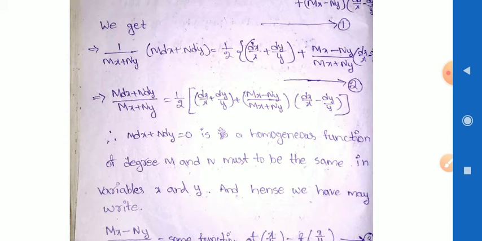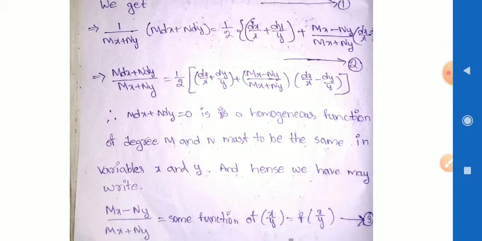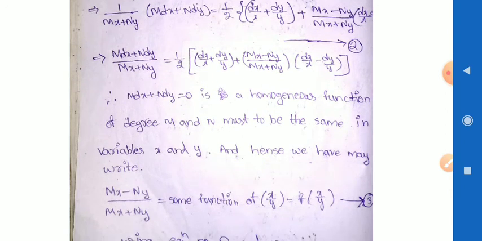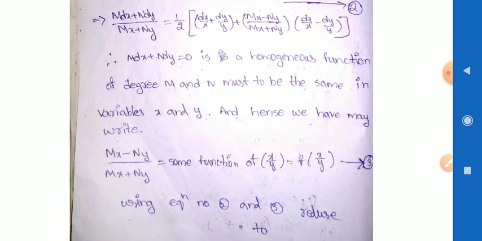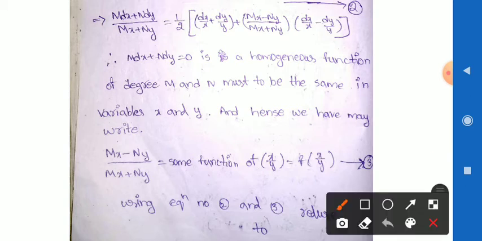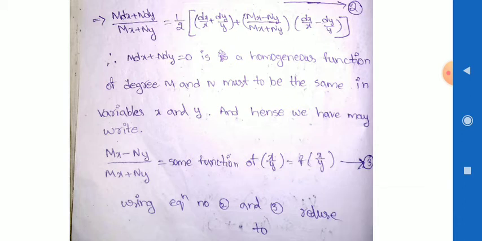Here M is a function of x and y, and N is a function of x and y. Since the equation is homogeneous, M and N have the same degree. Now (Mx - Ny)/(Mx + Ny) is also a homogeneous function, which can be written as a function of x/y, f(x/y), which is equation number 3.